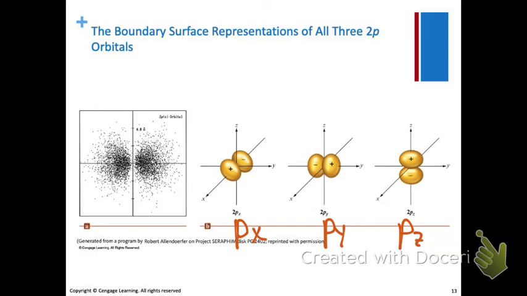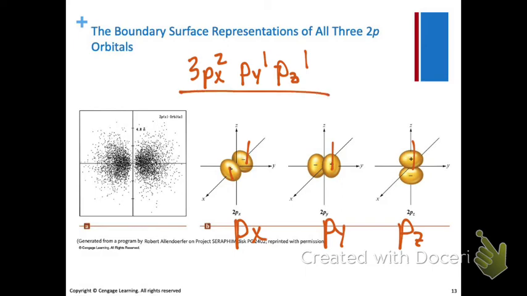I just want you to be aware that that might be something you're asked to do when you take college chem. You might have to identify sulfur as 3p: px2, py1, pz1. You know what I'm saying? Sulfur is going to have to put 1 electron in each before it comes back to put the second one in. And that's a rule we're going to talk about in a second.